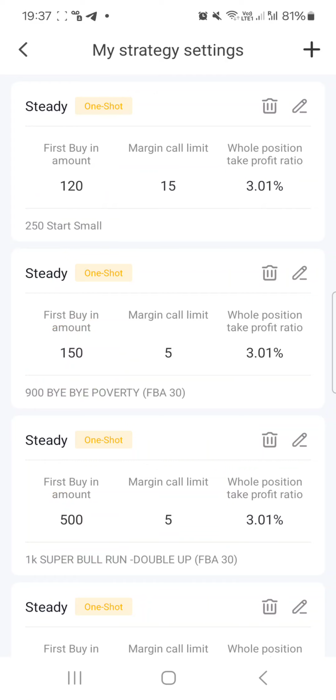But we need to go now to set a new trade strategy. For you beginners who have just joined, you need to go into this section to set your strategy in advance. So you need to go to the Add button right here in the top right corner.